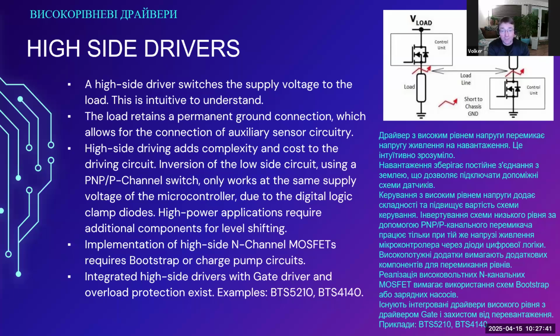It has the two protection diodes on its output, which means the output of the microcontroller can never be higher than its supply voltage plus 0.6 volt of voltage drop from the protection diode. It is a clamp. The protection diodes are voltage clamps.